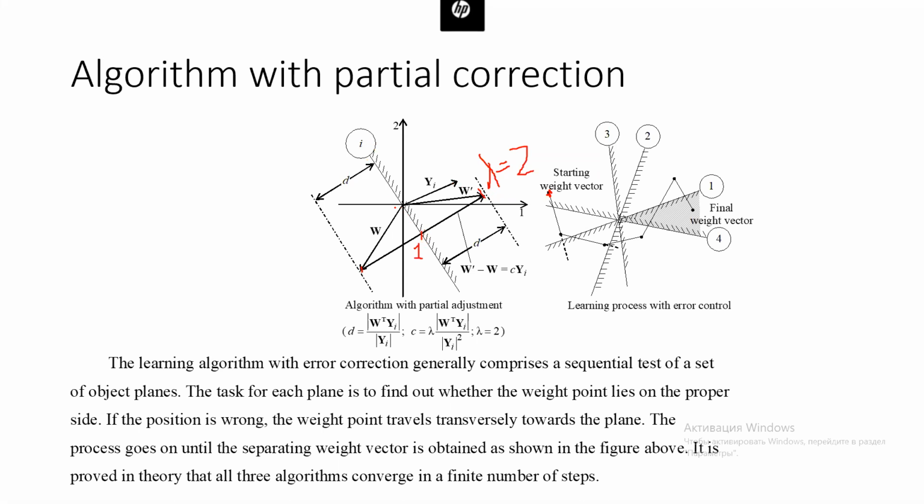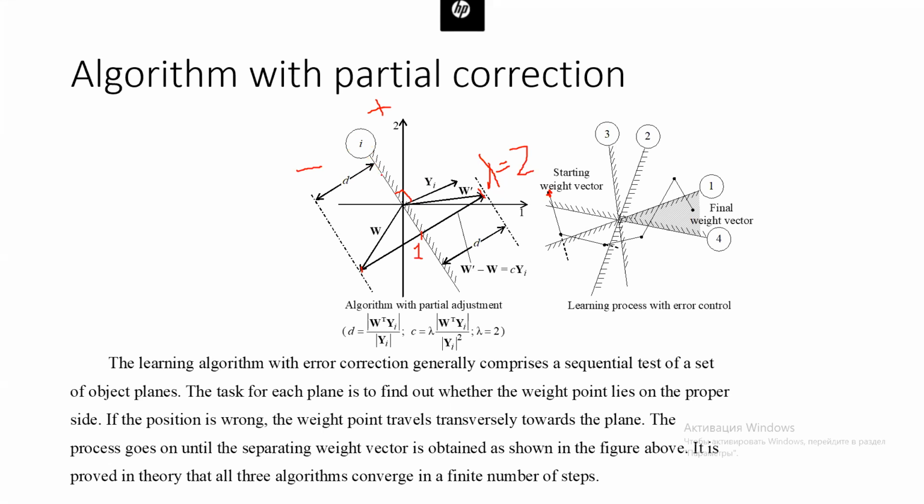The plane corresponds to the object. So it's an object plane, and every time it's perpendicular to our object. It's not a separation surface as in the case of Fisher discriminant analysis. It's an object plane which divides the whole space into a part where the projection is positive and a part where it is negative.